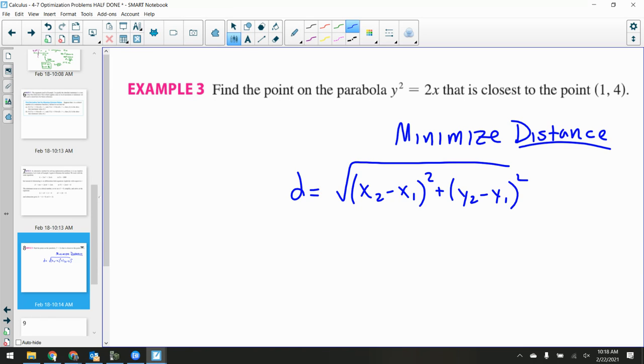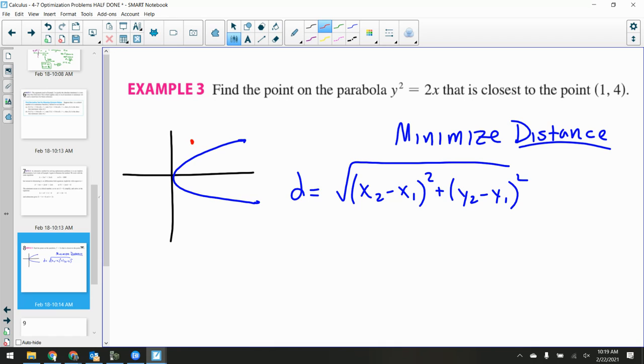All right. Now, in general, this is what this thing looks like. I could go and graph it, but it looks like a parabola sitting on its side. That's why it's y squared is equal to 2x, not y is equal to 2x squared. If it was y is equal to 2x squared, it would be sitting upright. Since it's y squared is equal to 2x, it's over on its side. Now, I know point (1, 4) is sitting somewhere out here.